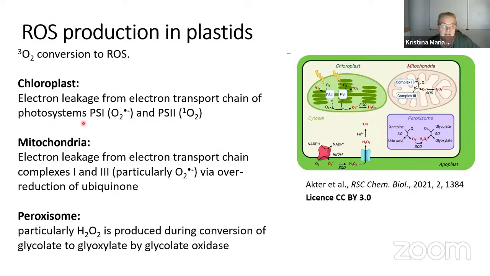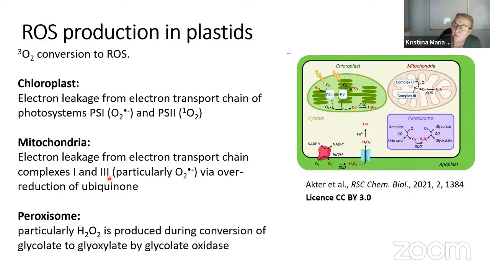In chloroplasts, we have the production of superoxide radical from the photosystem 1 reactions, and also singlet oxygen from the photosystem 2 reactions. In mitochondria, complexes 1 and 3 take part in the production, particularly of the superoxide radical via over-reduction of ubiquinone.